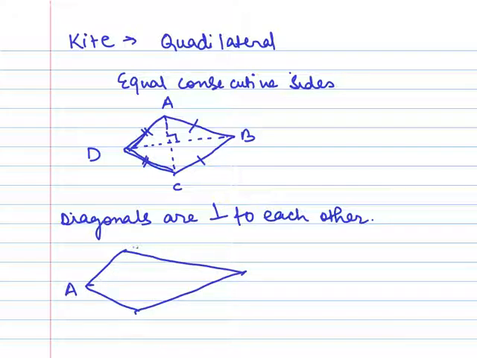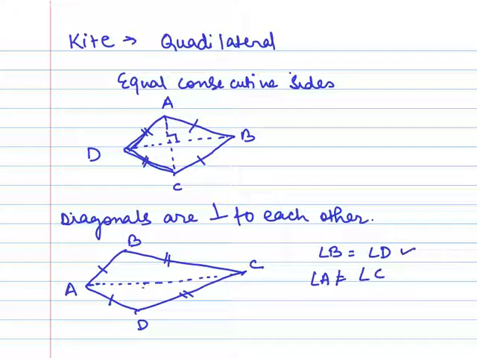See, this is A, B, C, D. First thing I would like to add in a kite is that angle B is equal to angle D. If this side is equal to this side and this side is equal to this side, then angle B is equal to angle D. But angle A is not equal to angle C, right? Only angle B is equal to angle D.